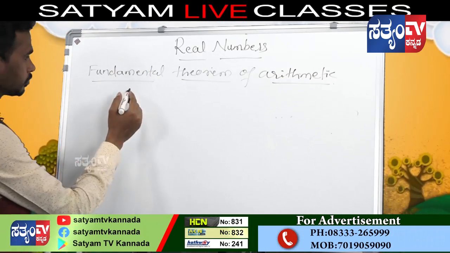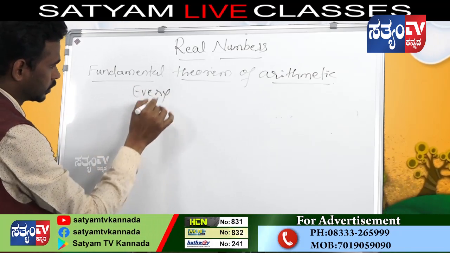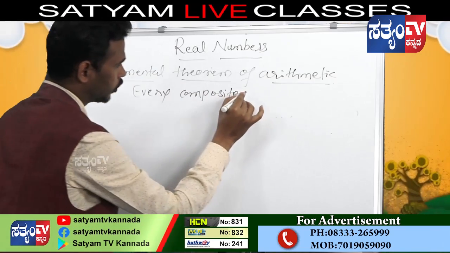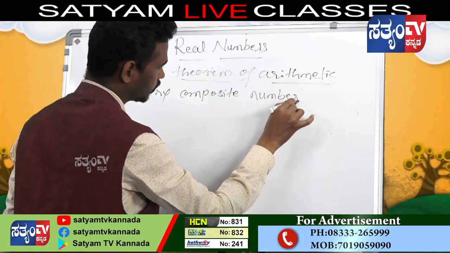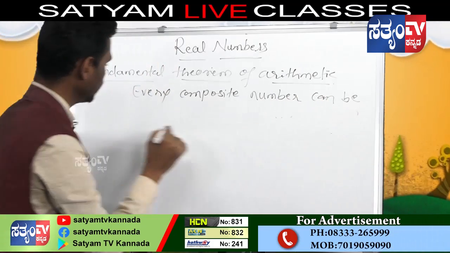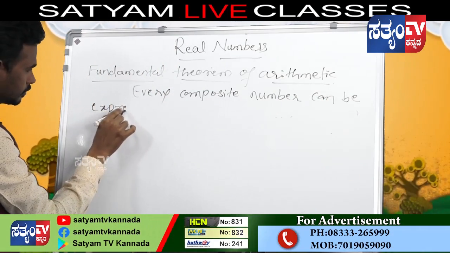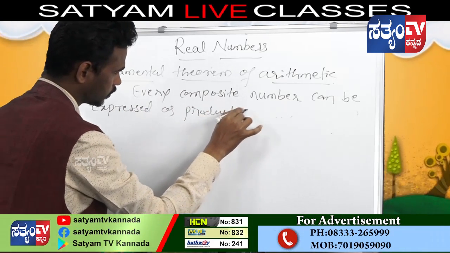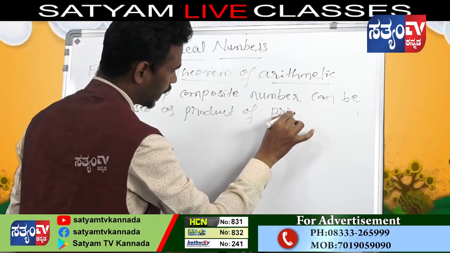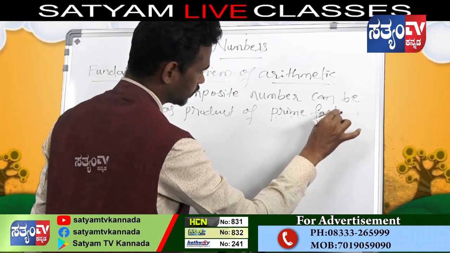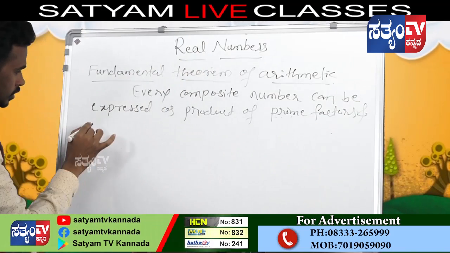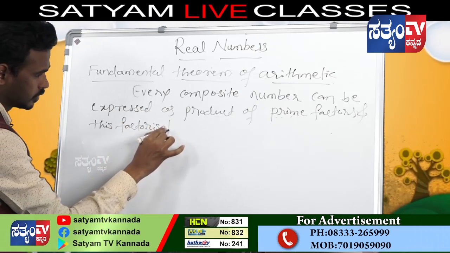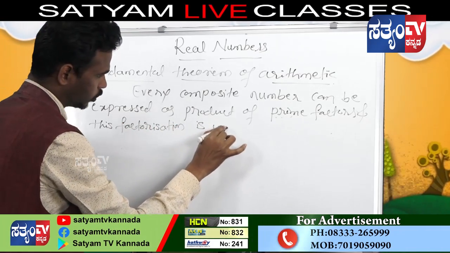It says that every composite number, and just now we have studied what a composite number is, every composite number can be expressed as a product of prime factors and this factorization is unique.